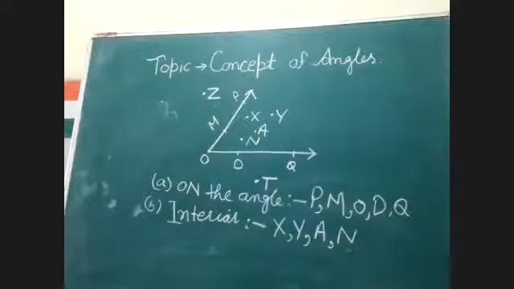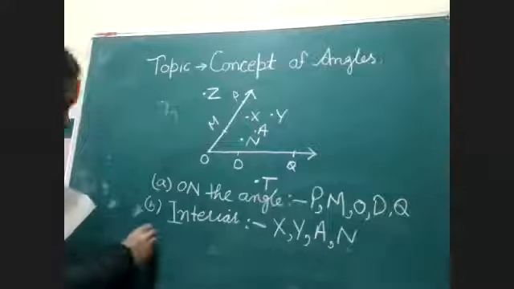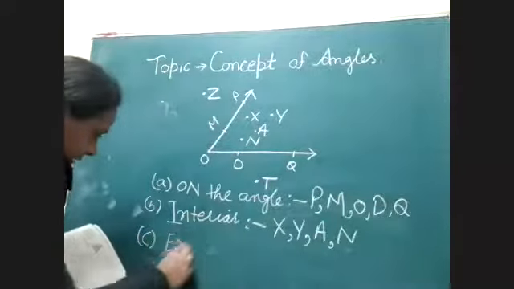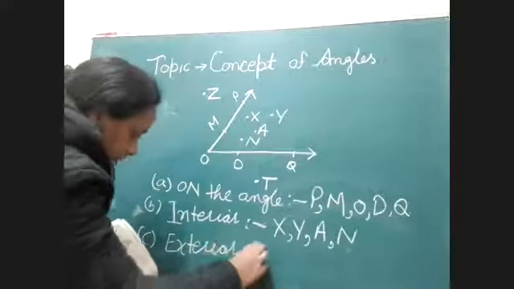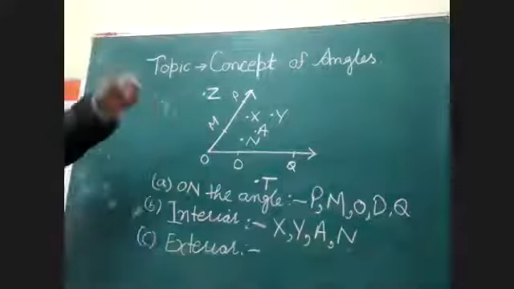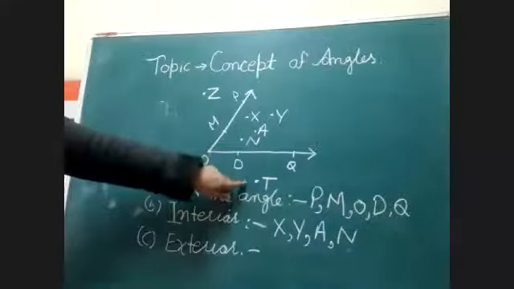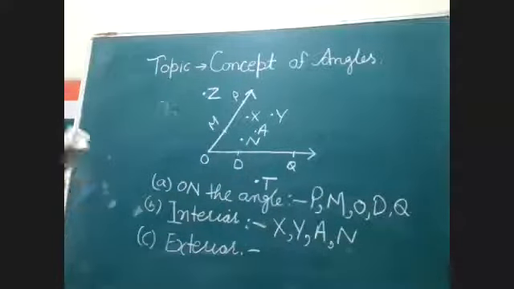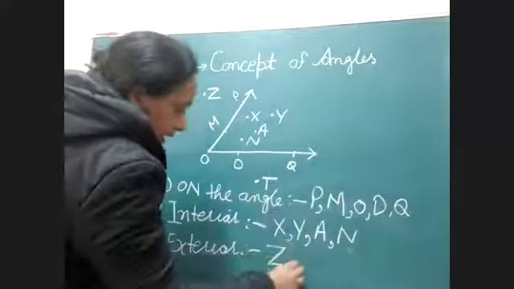Now next is the points exterior of the angle, Part C. Exterior means outside. Point Z and point T. These two points are exterior of this angle.